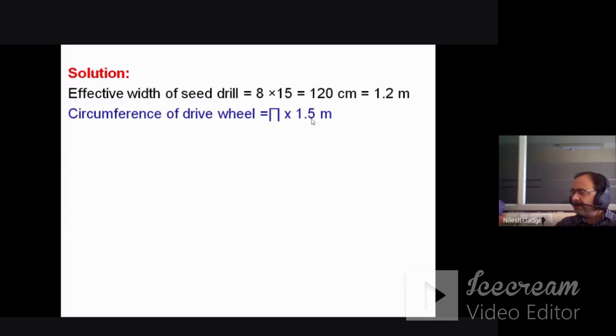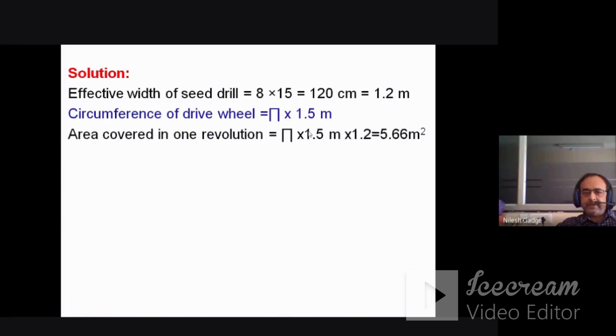Pi, you can take pi equal to 3.14 or 22 divided by 7, multiplied by the diameter of the wheel. It should be in meter. It may be 150 centimeter, but it should be in meter. 1.5 is the meter. So you can calculate on the mobile also the circumference of the drive wheel: 3.14 or 22 divided by 7 multiplied by 1.5. So it will be in meter. Now, area covered in one revolution.